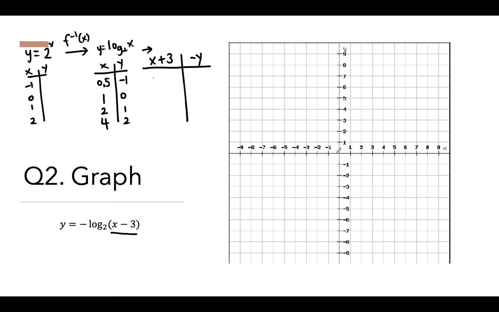The vertical asymptote is at x is equal to 3, because I'm looking at the final one. And let's say I'm doing the original one. The original one looks like this. So this is what I'm going to draw right now.